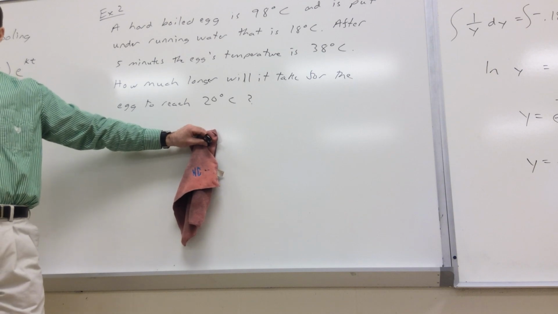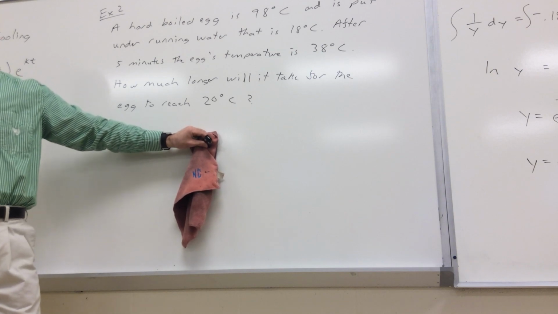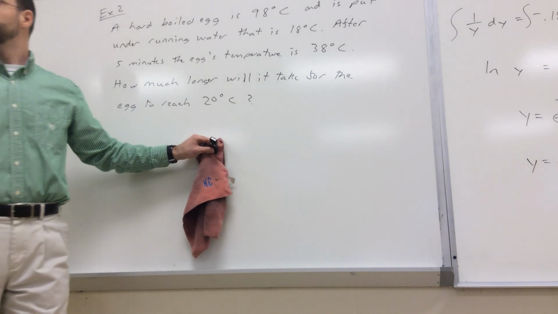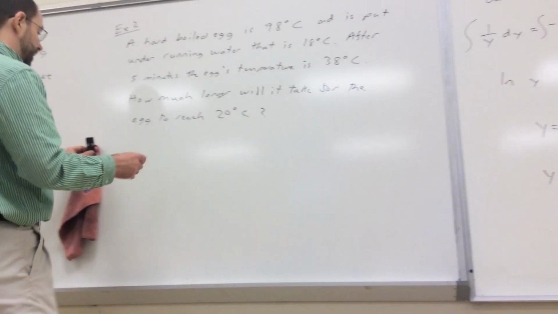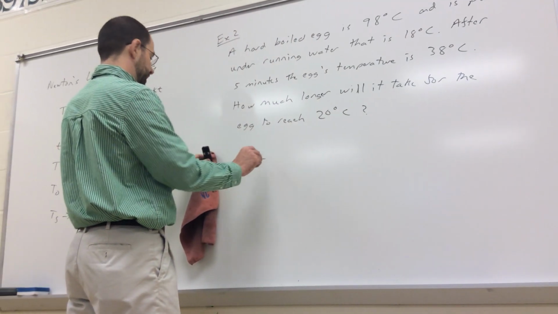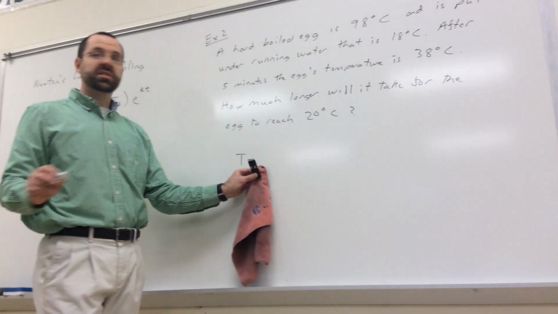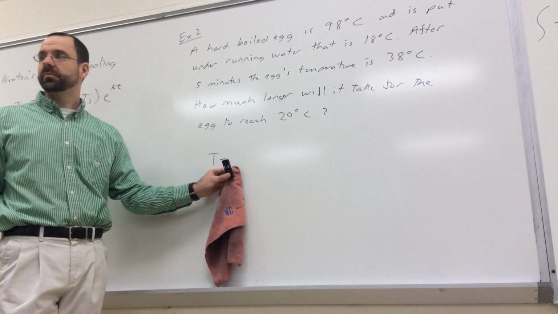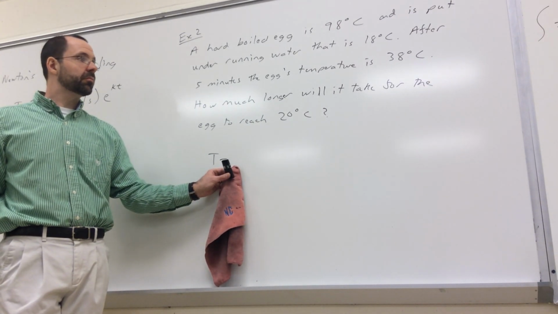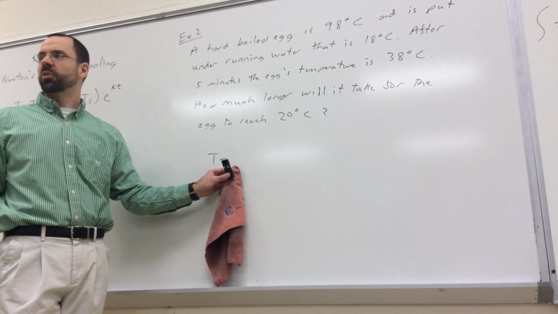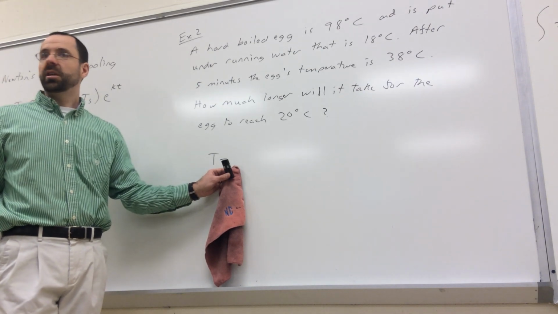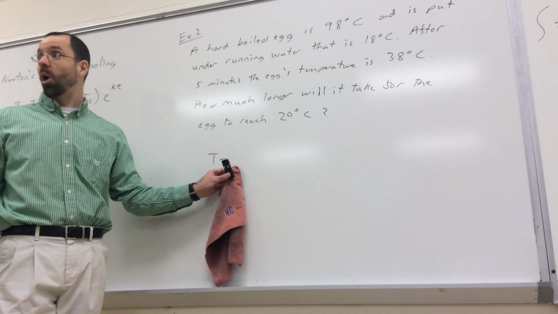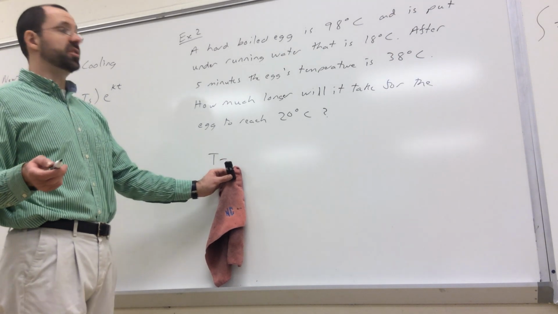Okay, so this is Newton's law of cooling, because we've got a substance cooling down. So let's see, we got T minus, what's the Ts? Temperature of the surrounding substance, right? In this case, the surrounding substance is the water. So it's 18.